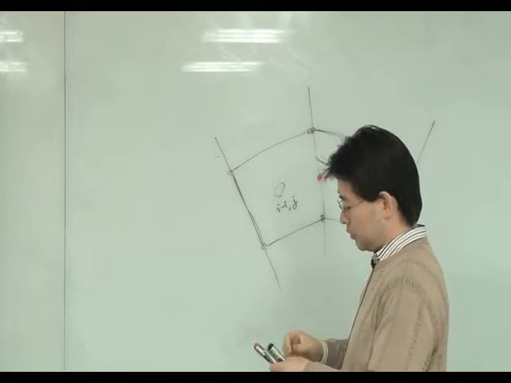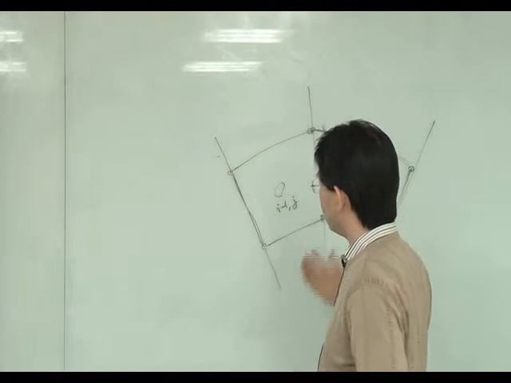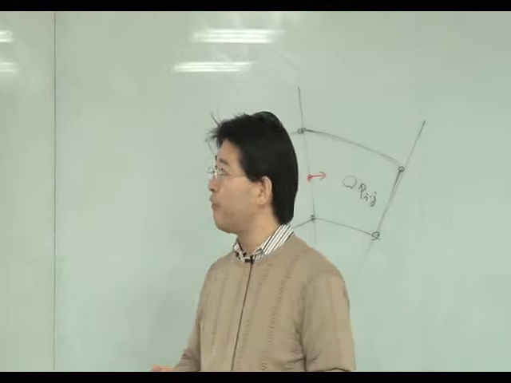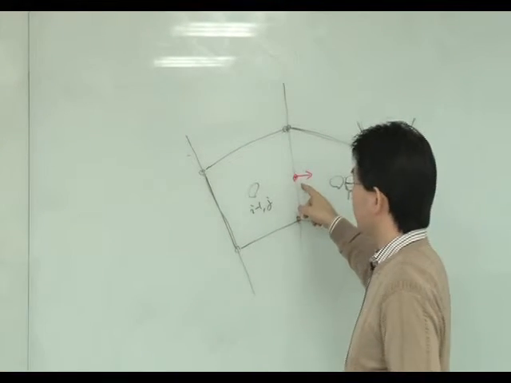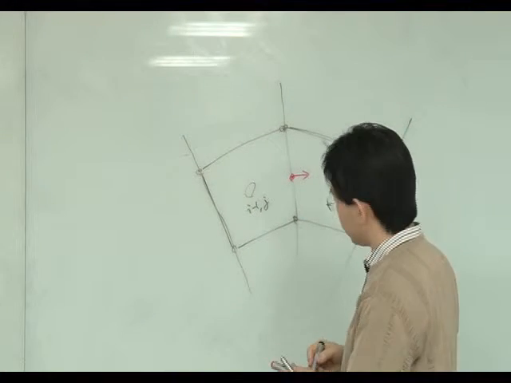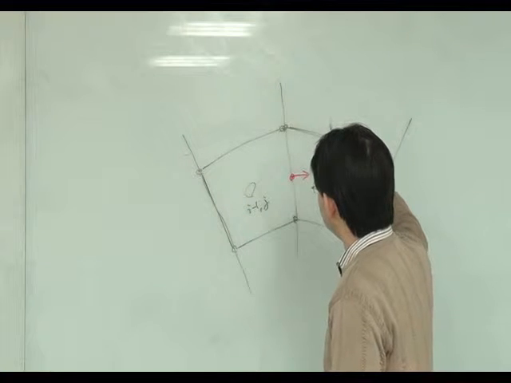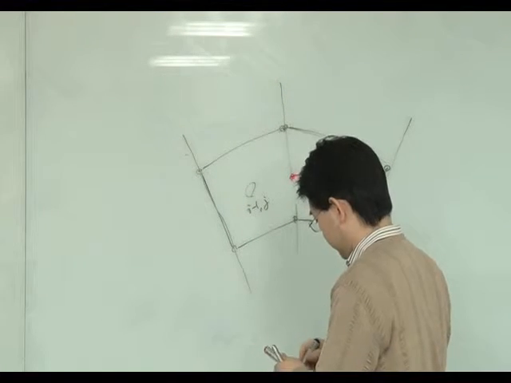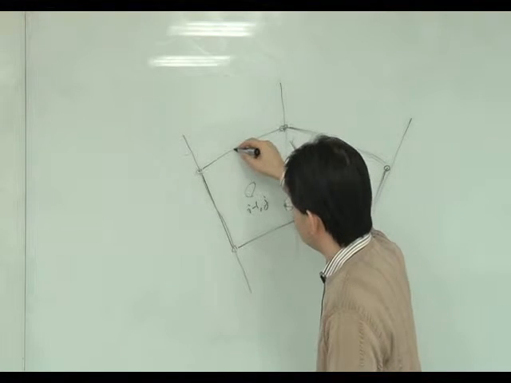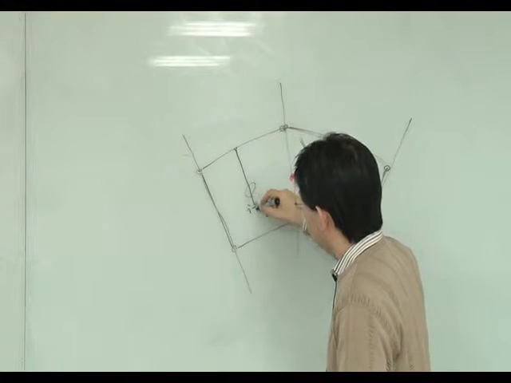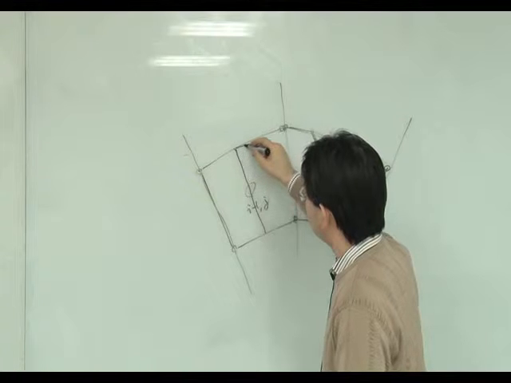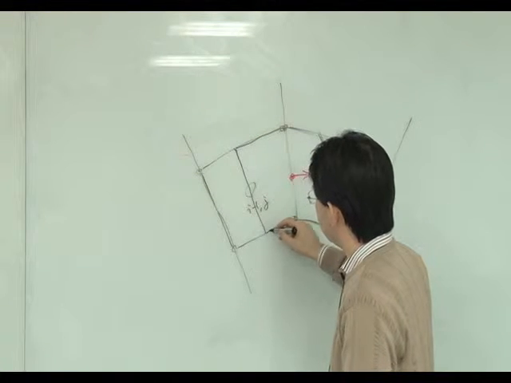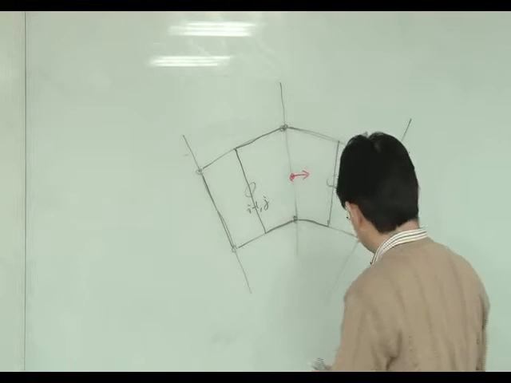So the secondary control volume for this velocity component is half of this one, and also the right half of the adjacent control volume.